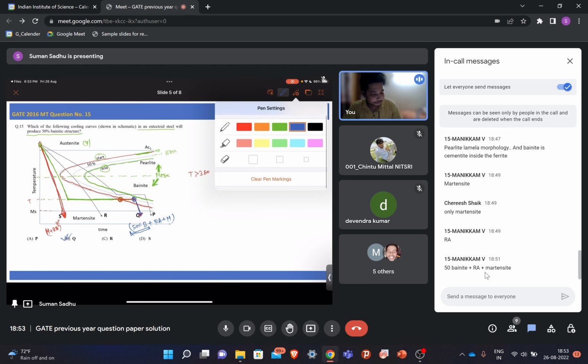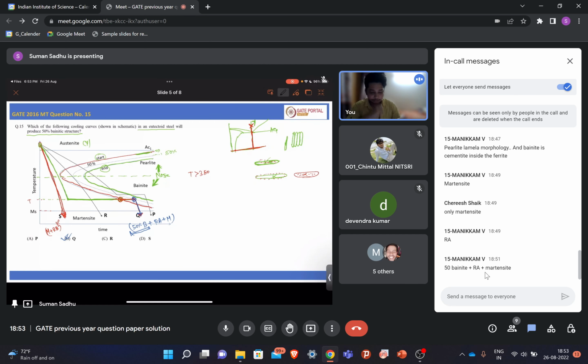But to understand this CCT curve in a much better way, can anyone try to answer: if we follow this R curve, what will be the final microstructure? Now you have understood how we are getting different kinds of microstructure depending on the different cooling rates. The composition of this steel is the same.